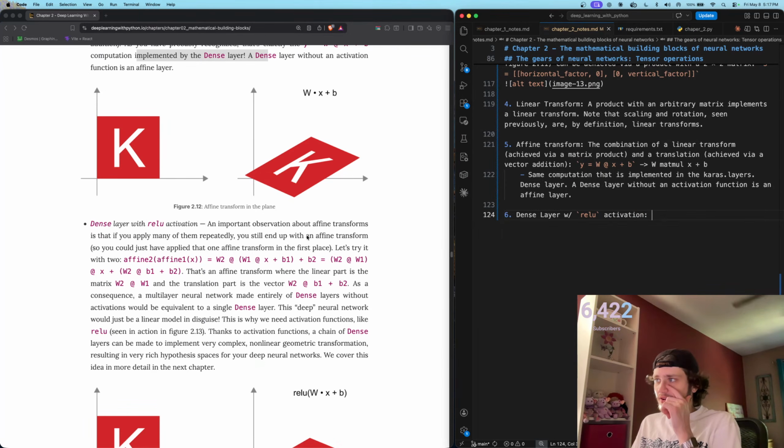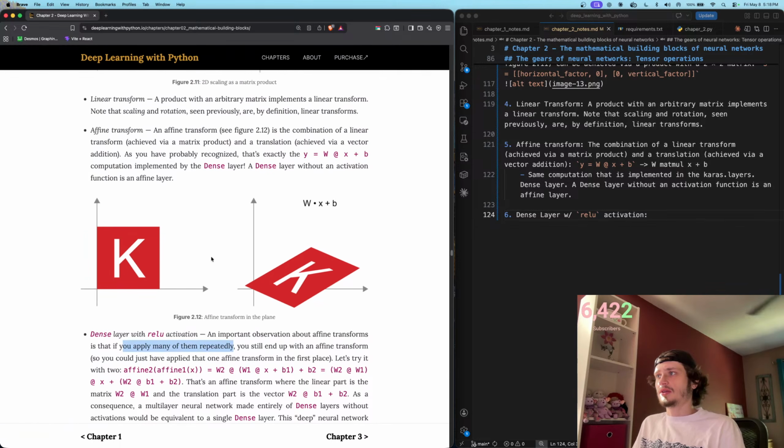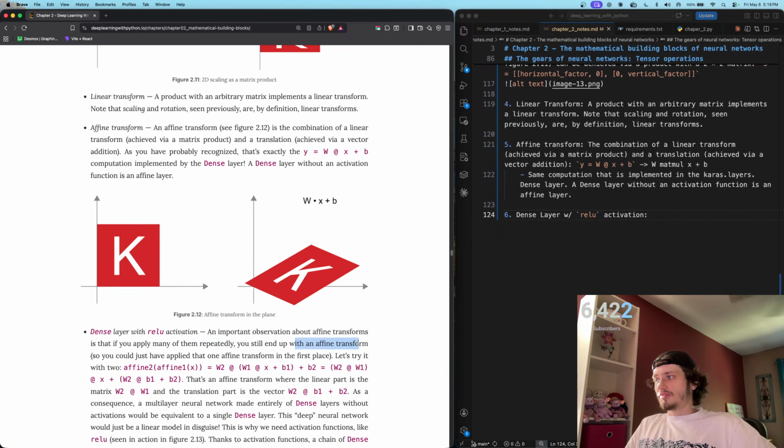An important observation about affine transformations is that if you apply many of them repeatedly, so you matmul, translate, matmul, translate, matmul, translate, you would still end up with an affine transform. I guess all of those stacked on top of one another is just an affine transform at the end of the day. It's not actually anything that changes our input significantly, right?